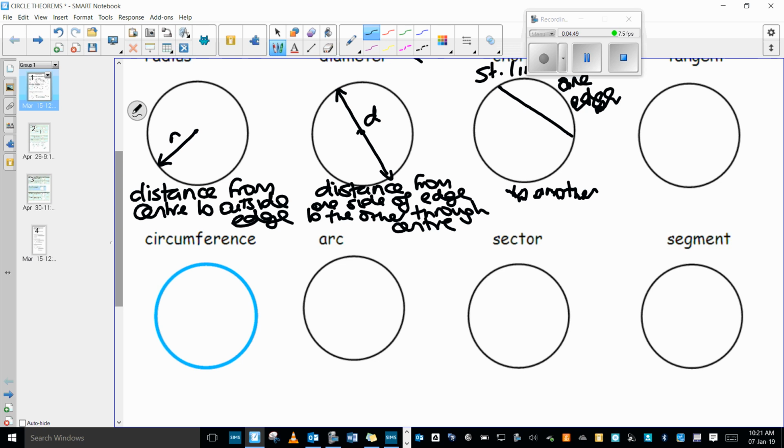So it's a straight line that just touches the circle edge.